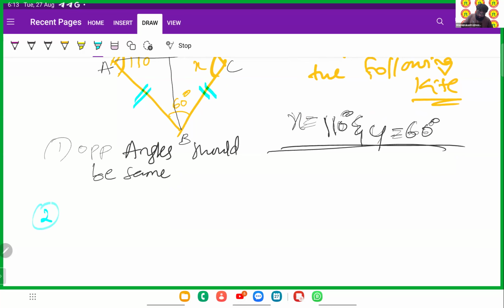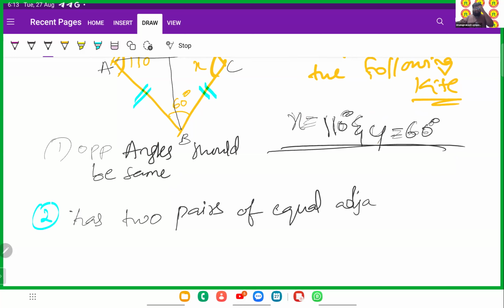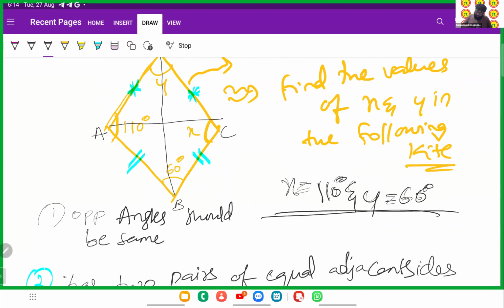So what is the difference here now? In a rhombus, adjacent angles are supplementary. Here adjacent sides are equal. Two pairs of equal adjacent sides. That is AB is equal to BC and AD is equal to CD.